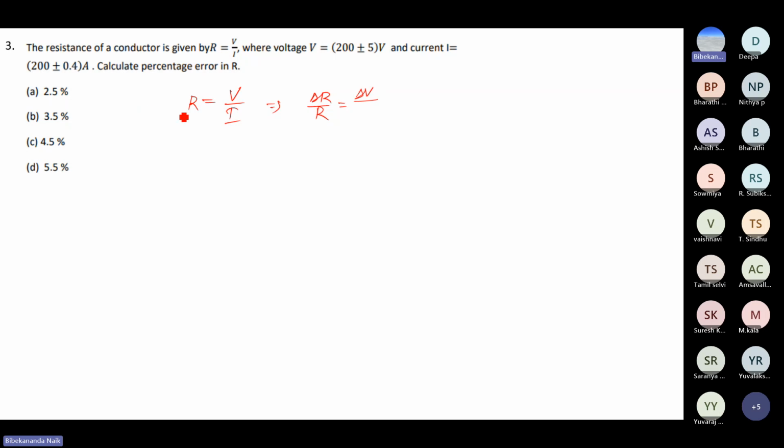Now I can see. So when you talk about this relative error, then delta R by R equals delta V by V plus delta I by I. So the percentage of error will be delta R by R into 100, which will be equal to delta V by V into 100 plus delta I by I into 100.